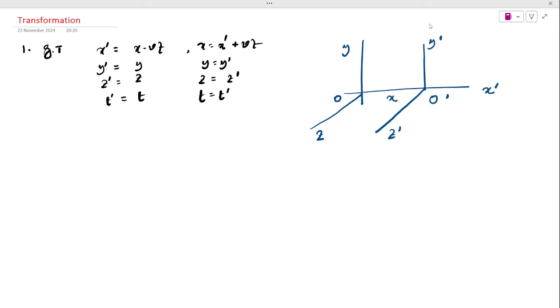And second one is Lorentz transformation.